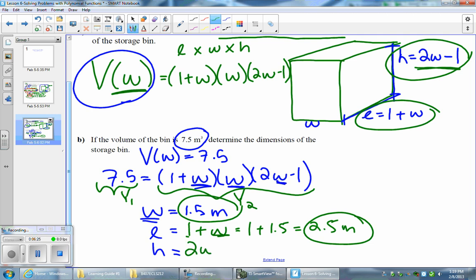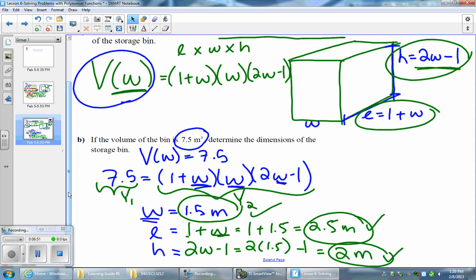We know w is 1.5, so plug it in. 2 times 1.5 minus 1 is going to give me a value of 2 meters. So there you go. There's my height value, there's my length value, and finally there's my width. And those are the dimensions of my rectangular prism. And that is how you solve a volume question using a polynomial function.